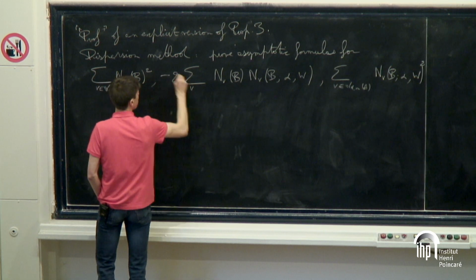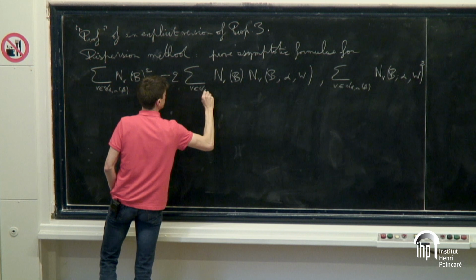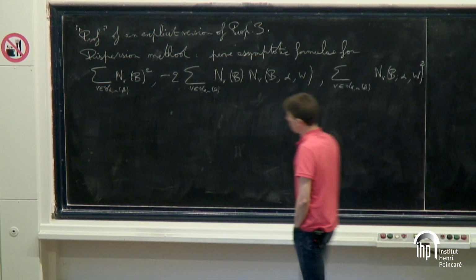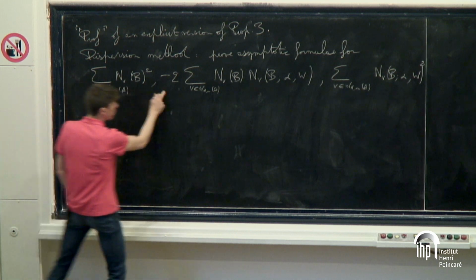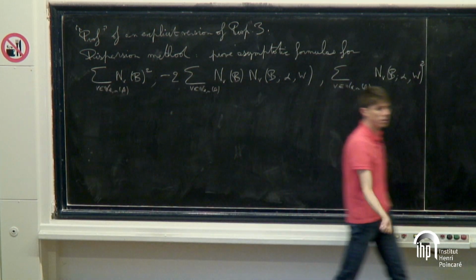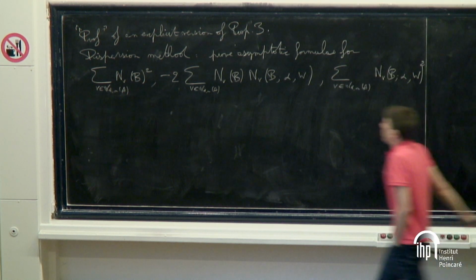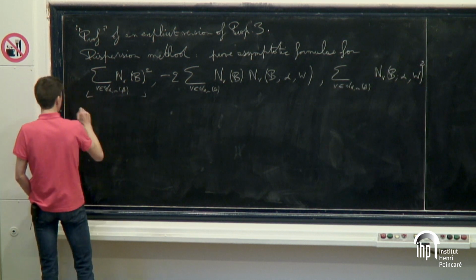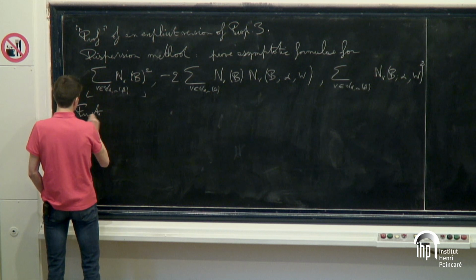Okay, and here we have minus 2. And as I was saying, if the main terms are equal, which it should be, then since we have 1 minus 2 plus 1, then they're going to cancel. And we're going to end up with something which is small. Okay, so let's start with this first term.